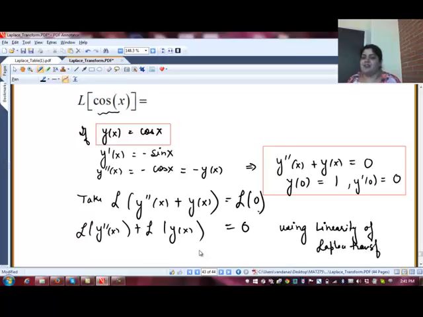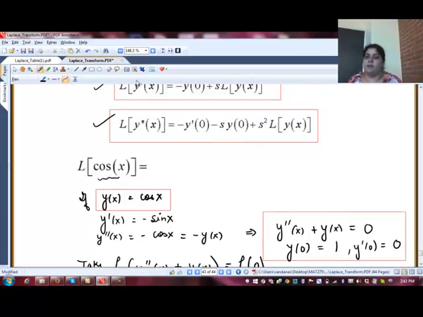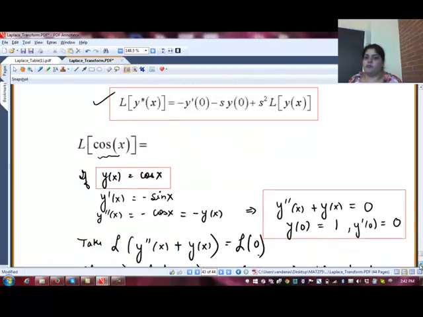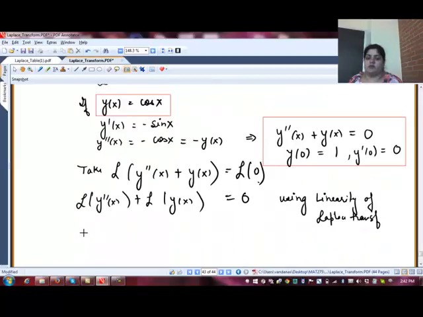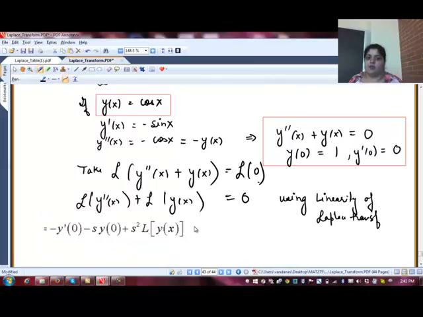What is the Laplace transform of y double prime from the above expression? So this would be the Laplace transform of y double prime, and for the Laplace transform of y I will keep it like this, equals 0.